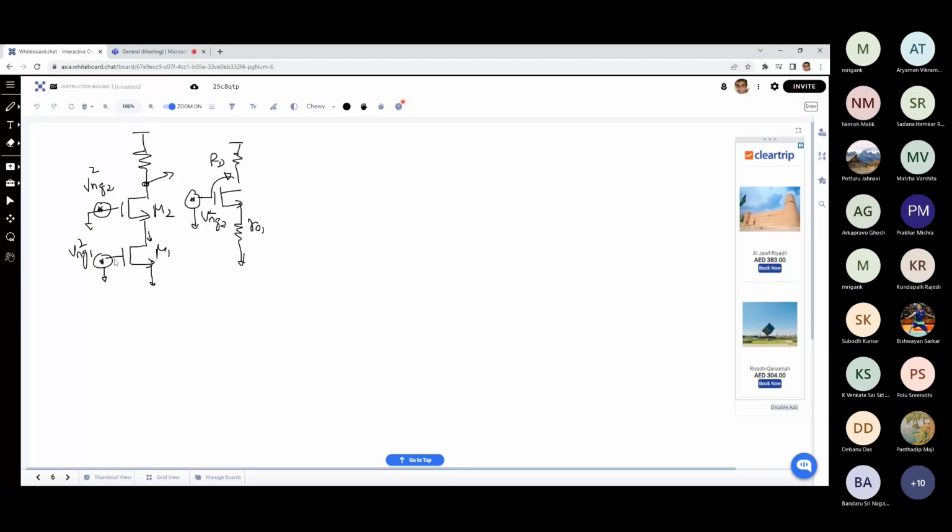If I talk about the gain, the noise contribution of the input device, as compared to that, this is negligible. So this one is getting GM1 R1 or basically GM1 RD, right? Whereas this one is getting GM1 RD upon 1 plus GM RO1. So GM RO1 is a large quantity. So as compared to the noise contribution of this device, we are ignoring the noise contribution of this device. Is that clear?